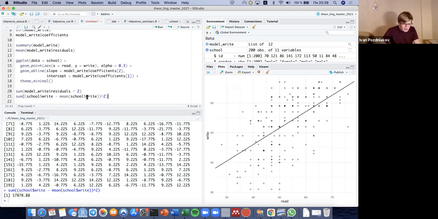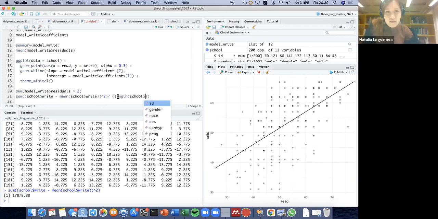Actually, does this formula remind you of something? Sum of square difference to the mean. If we divide it by the length of the variable... Variance, exactly, right.